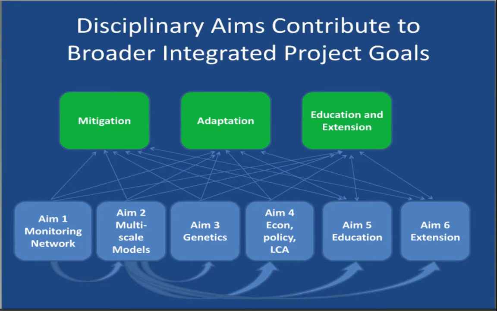In another context, though, when we think of AIM 1, the arrows on the bottom that I've added give us a flavor of how we're fitting in. Our real goal is to develop this monitoring network, and the main user of that specific information will likely be AIM 2, the modeling group. The models that we develop through PINEMAP will be useful in helping other aims accomplish their objectives.